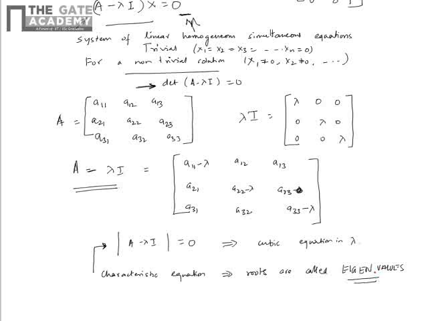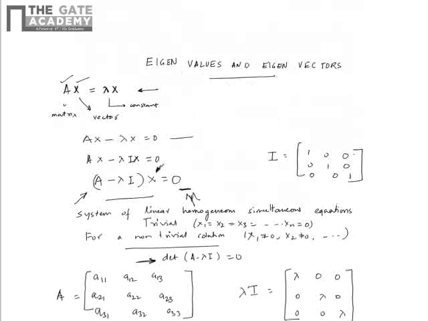This is called the characteristic equation, and these are the eigenvalues of matrix A, because everything we are doing is on the matrix A. Now once you have found lambda, you substitute back in this equation and you can end up finding x.